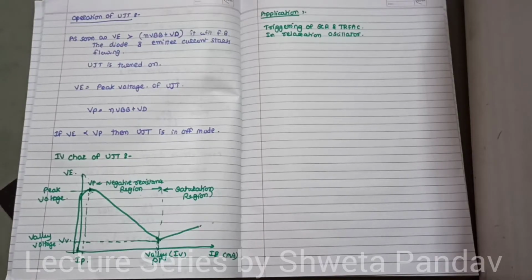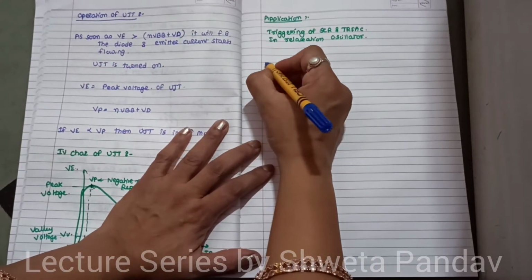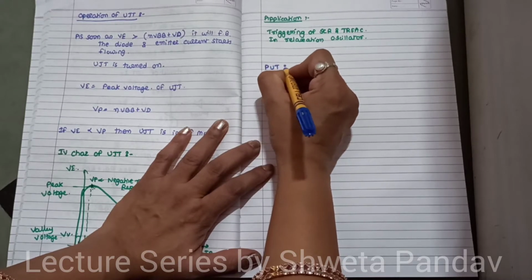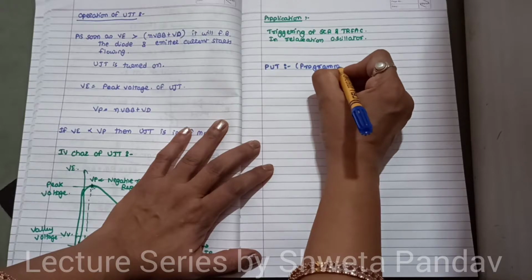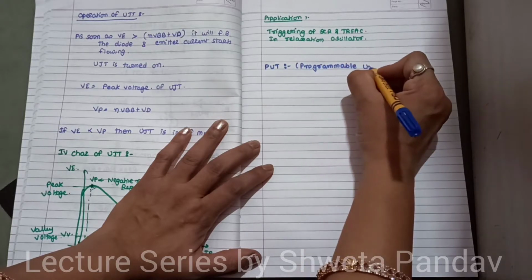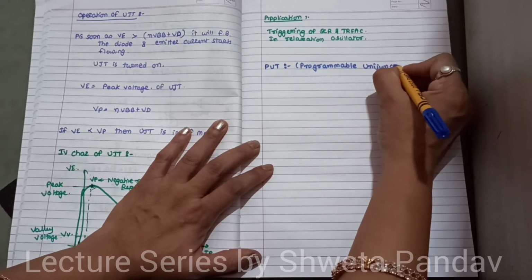Let us start with the next device, that is PUT, Programmable Unijunction Transistor.